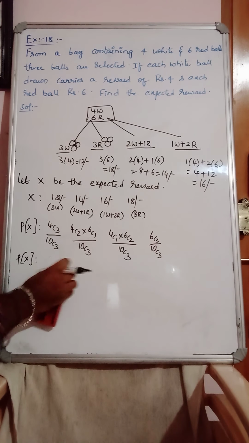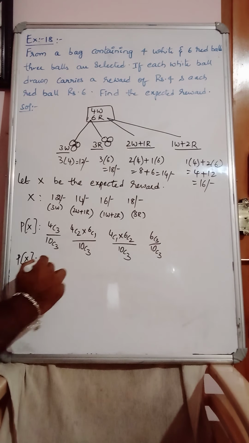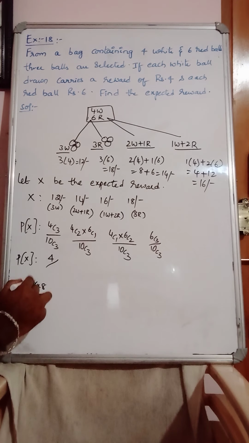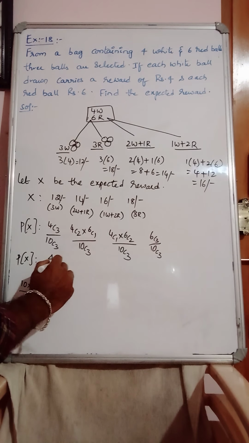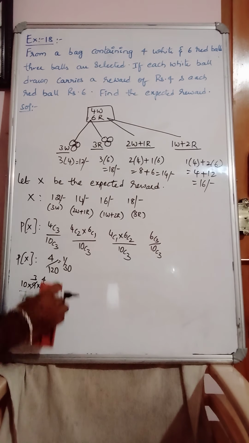Otherwise we will just calculate. 4C3 means 4 into 3 into 2 by 1 into 2 into 3, which is 4, divided by 10C3. 10C3 means 10 into 9 into 8 by 1 into 2 into 3. So 3 ones are 3, 2 threes... 10 threes are 30, 3 fours are 120. 4 by 120 is nothing but 1 by 30. Do you understand?